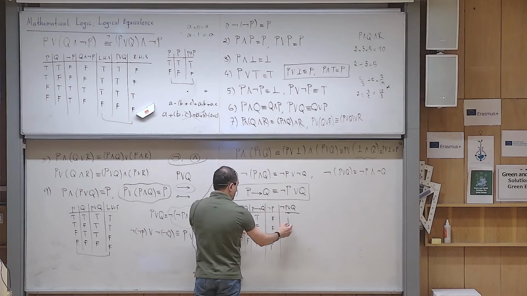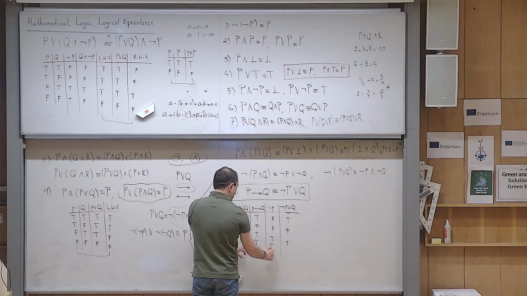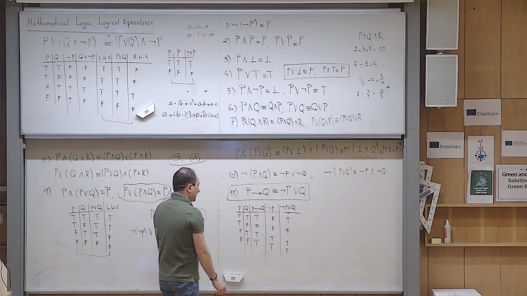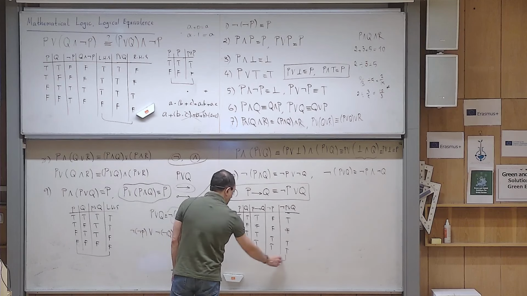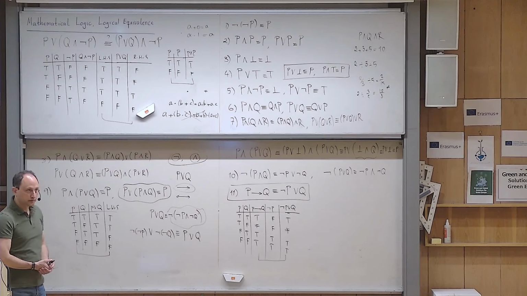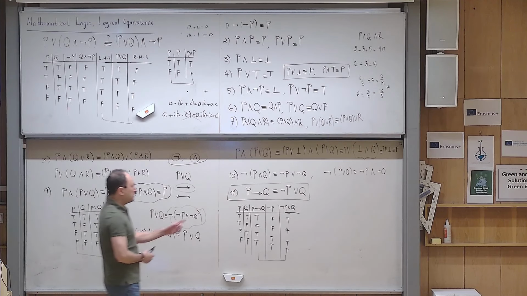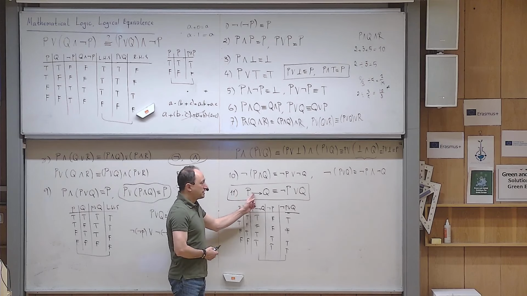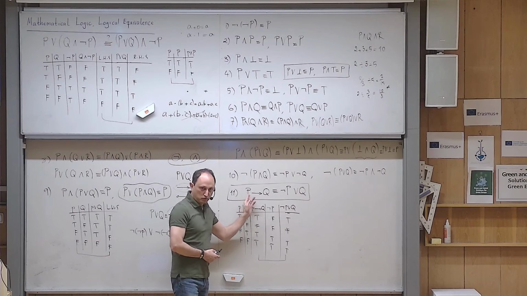So this becomes T, F, T, T. Yes, and now I compare this one with that one, they are identical. So that's the proof. Okay, this might not be that trivial, but I want you to memorize this one.